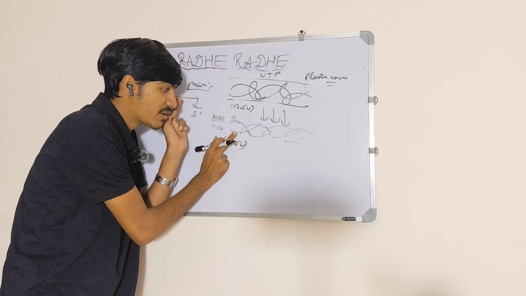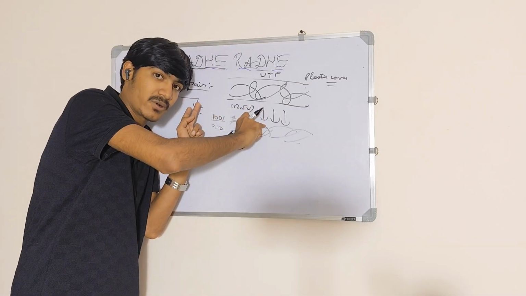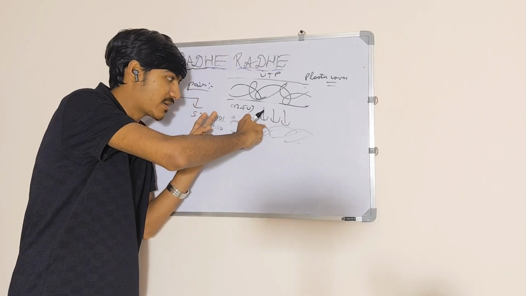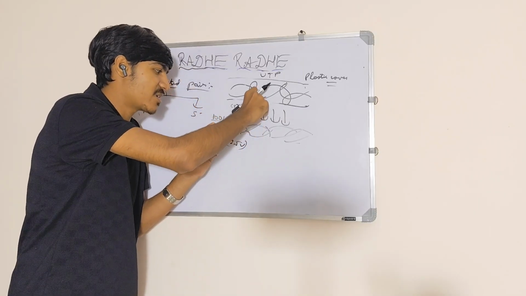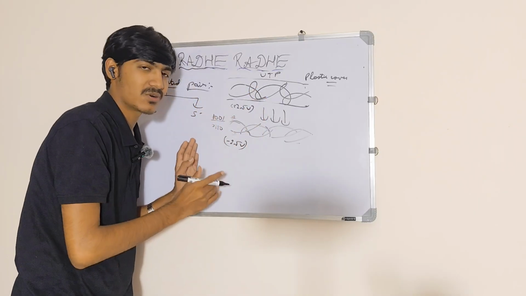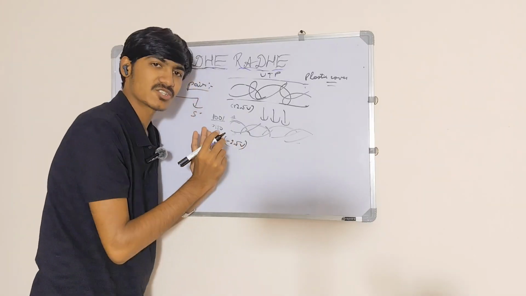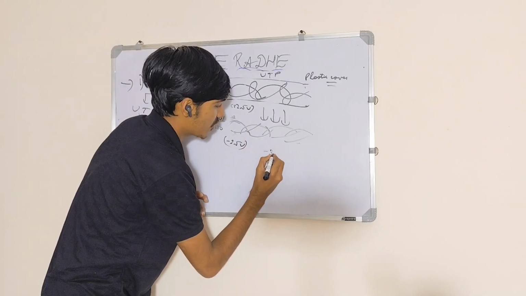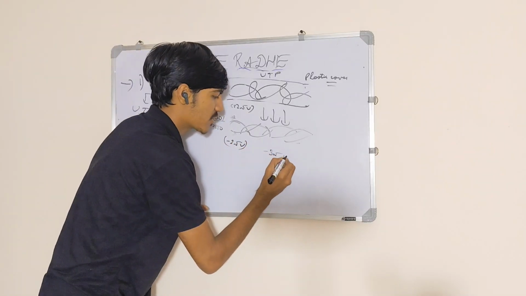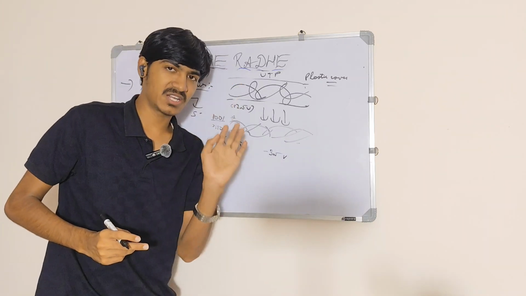Suppose the wire B is here. Now these vibrations come and change the voltage. Suppose this voltage has become minus 2.5 to minus 3.5, a 1 volt change.